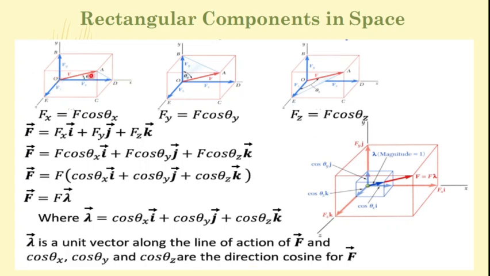Basically, for this case, force acts from O to A. If we multiply the magnitude of the force with the unit vector which acts along this OA, then we get the force vector. Therefore, from the previous equation, we can write that lambda is equal to cos theta x i plus cos theta y j plus cos theta z k.